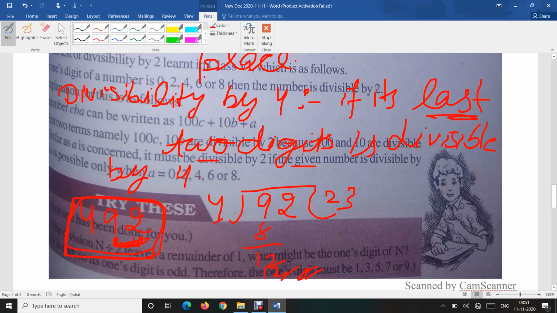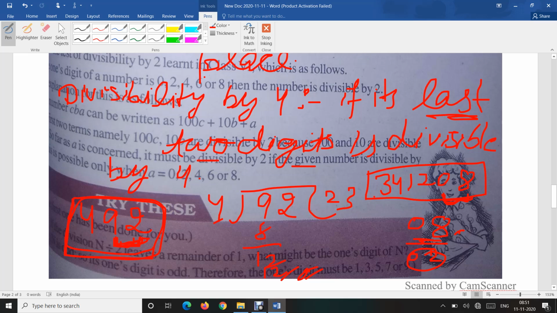Now suppose you have a number 341208, and you have to check whether this number is divisible by 4 or not. Then again you have to take the last two digits. Here the last two digits are 0 and 8. You know that 08 is divisible by 4 because 4 2s are 8. That means again the remainder will be 0 after dividing by 4.